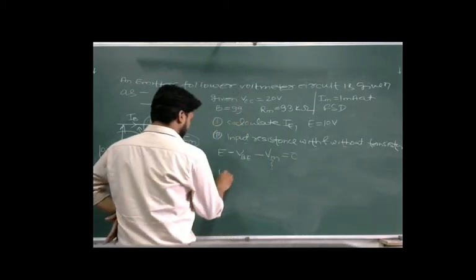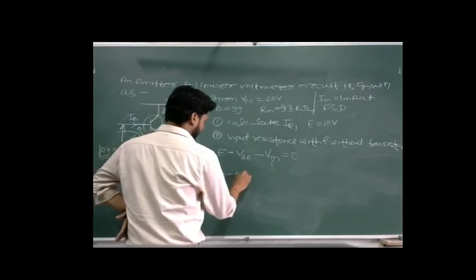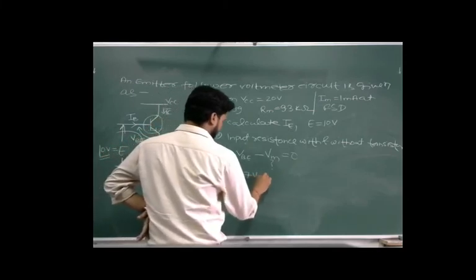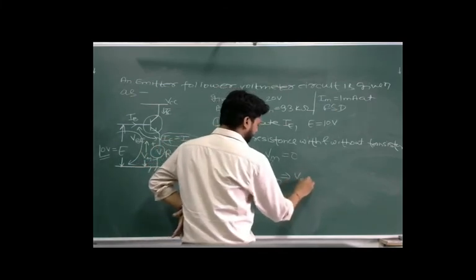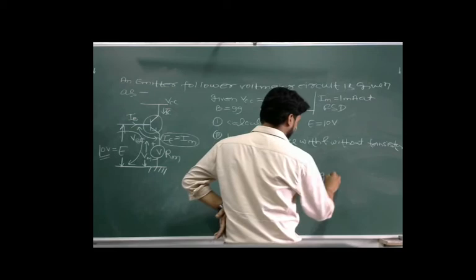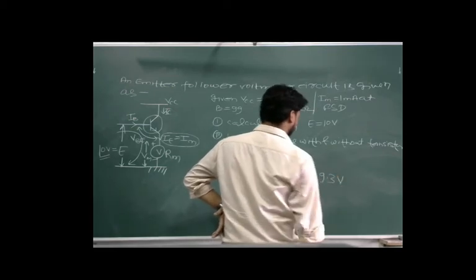E is given 10 volt, VBE 0.7 volt, so Vm is equal to 9.3 volt.